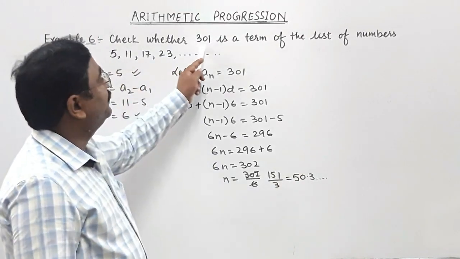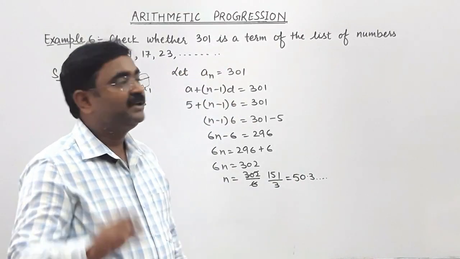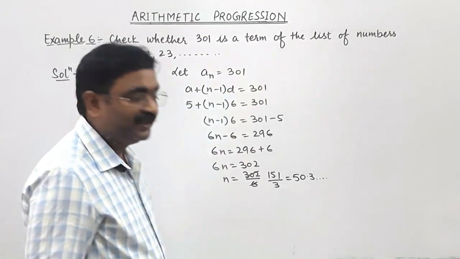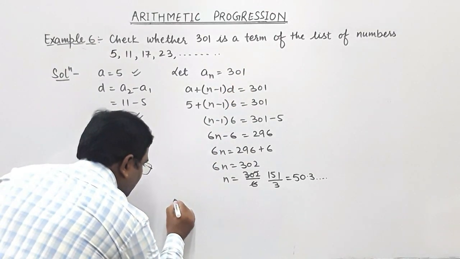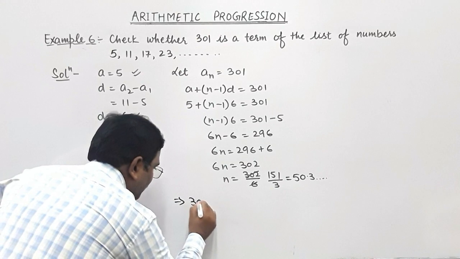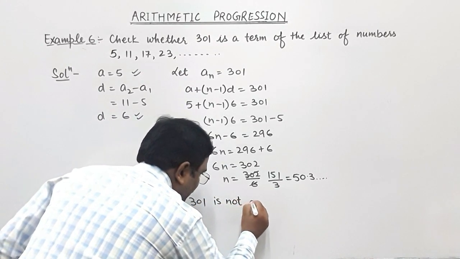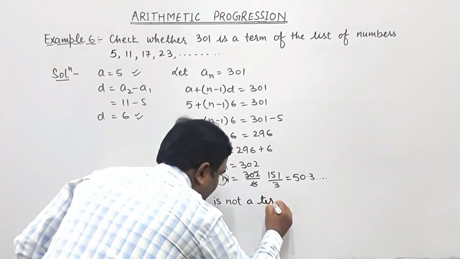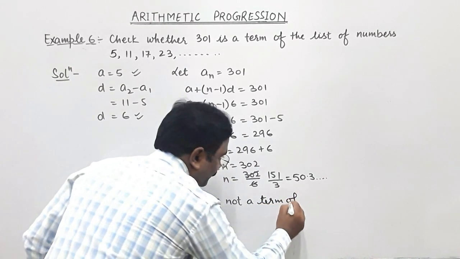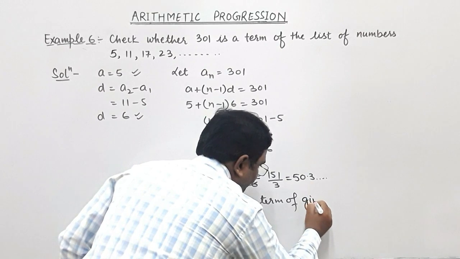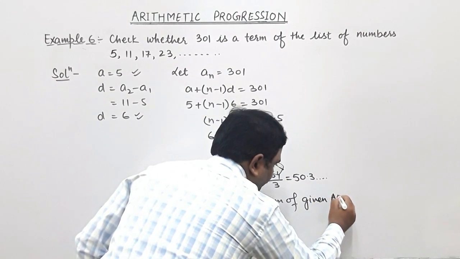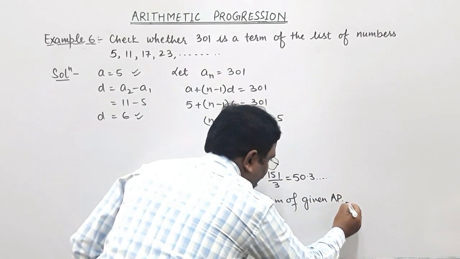Therefore, this 301 is not any term of the given list of numbers. So the result is, 301 is not a term of the given AP.